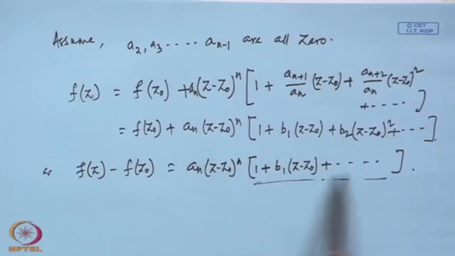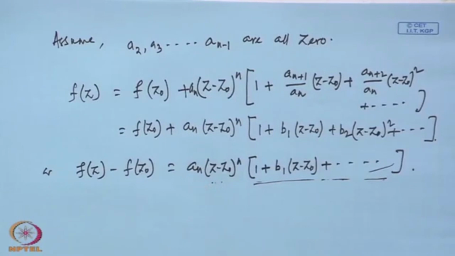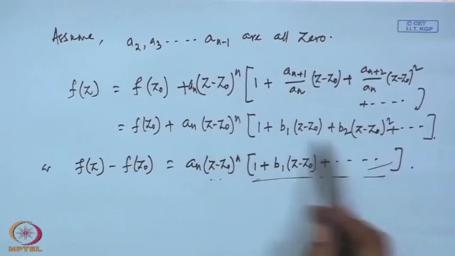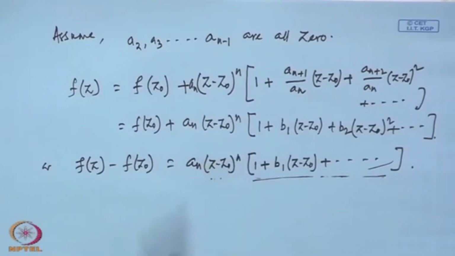So in this part there is no critical point. The effect of the critical point is evaluated only in z minus z naught to the power n. The transformation by this part will preserve the angle; only this part we have to check to see what will happen to the angle.